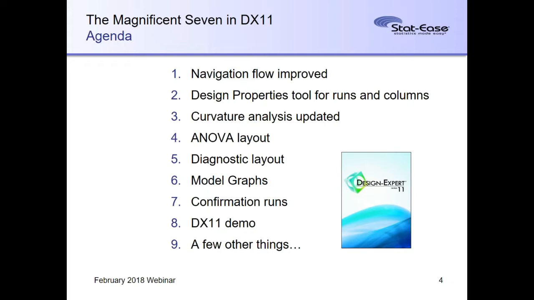We'll wrap it up with the confirmation run node, which has been updated. I'm going to show you all these features on some screenshots first, and then I will move over to Design Expert V11 and give you a working demonstration of it. Then we'll wrap up with a few other things that I think are important to know exist in the new version.